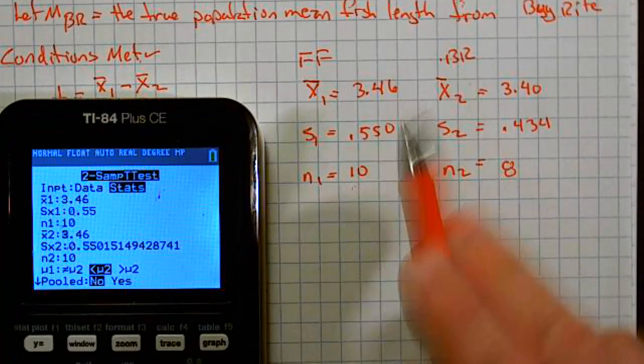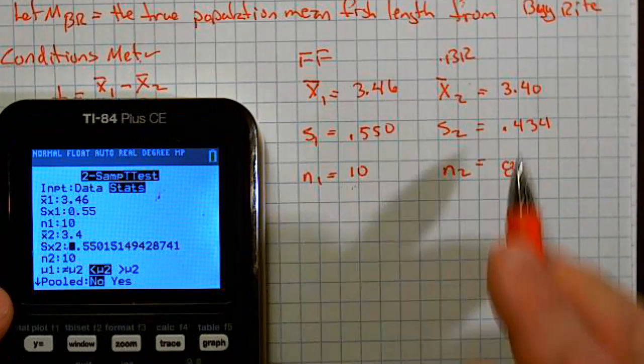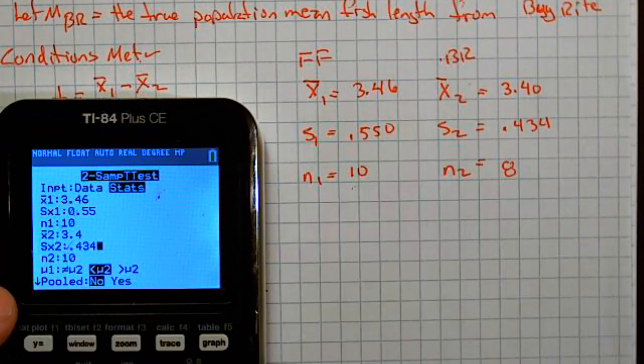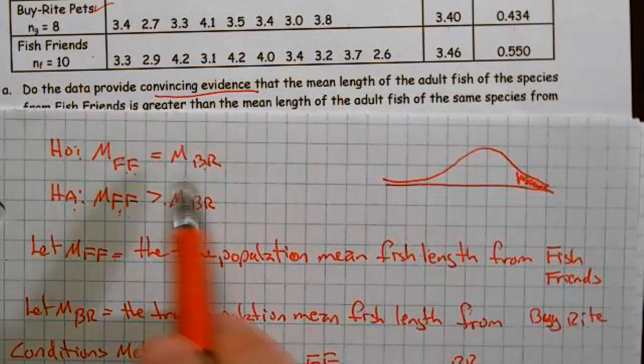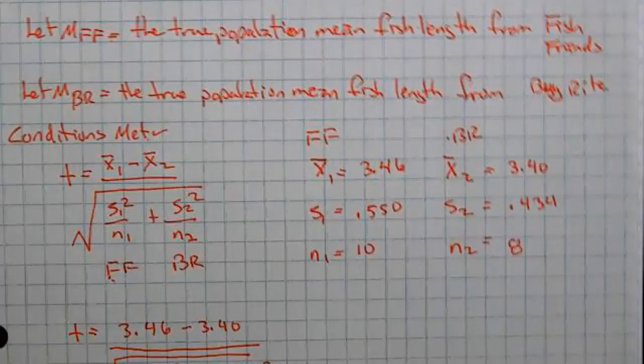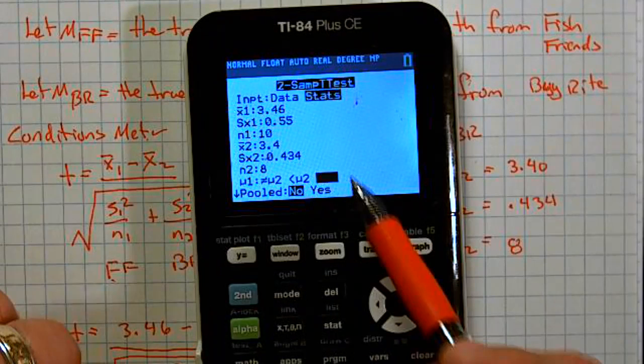For Buy Right, which was the 2, 3.4, s2 is 0.434, and this is 8. And then I need to scroll down and say, oh, this needs to be greater than, because we said Fish Friends was supposed to be greater than Buy Right. So make sure that that's highlighted.